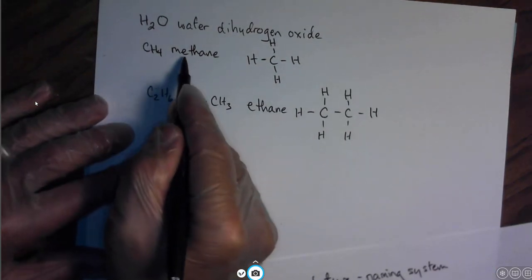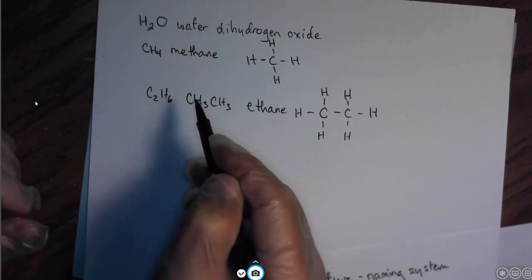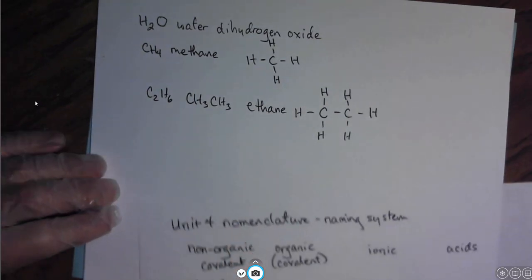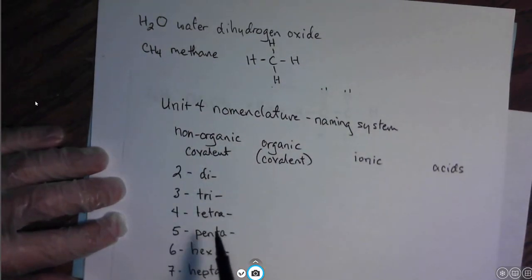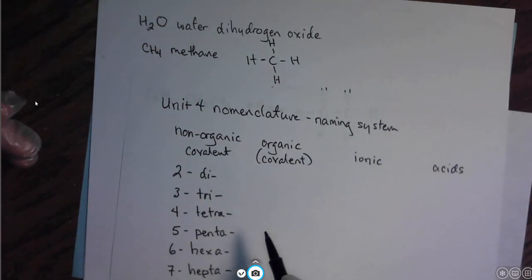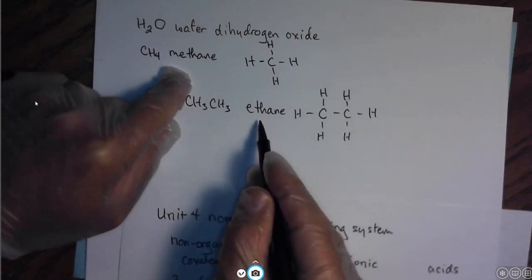And so the prefixes are a little different for our organic compounds, and they're used in a different way. In the non-organic covalent, the prefixes tell you how many of any kind of non-metal atom you have. Actually, these are the root names.